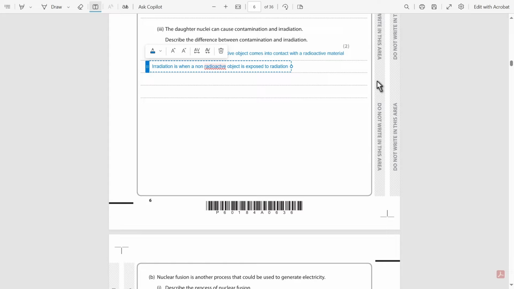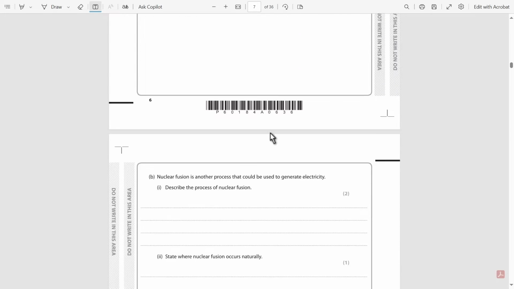I can't type properly, guys. I'm so sorry about that. So irradiation is when a non-radioactive object is exposed to radiation. That's definitely not how you spell radioactive. There we go. Okay, next one.